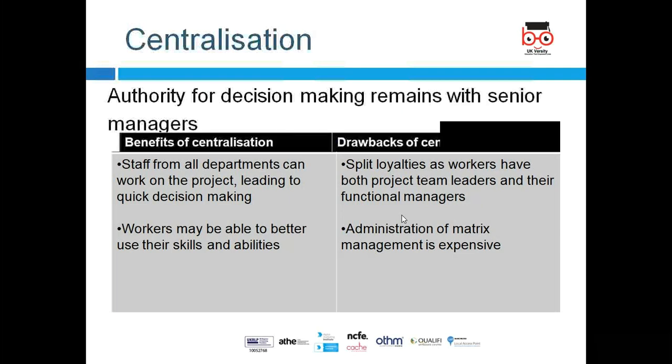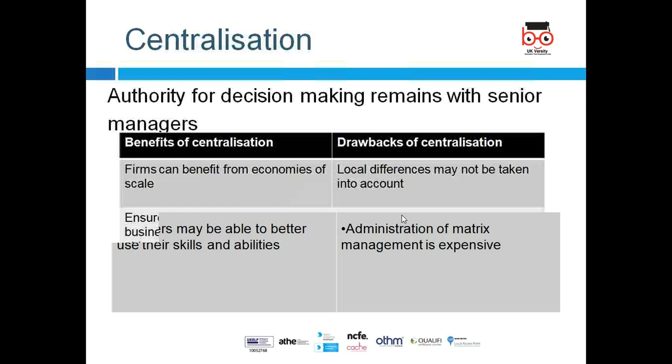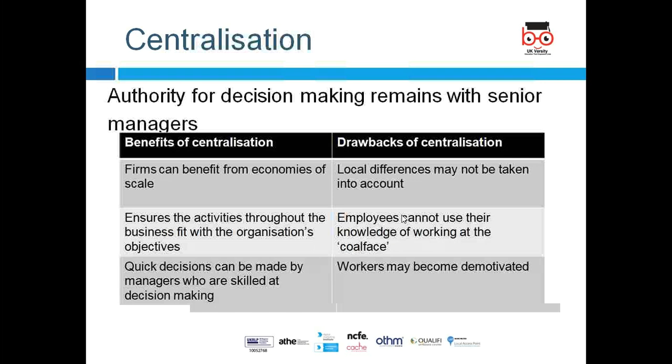It depends. Sometimes it's good cost-wise, but when we have many hotels in many countries, we can't say everything is centralized throughout the world and we sell the same product. Like McDonald's, it's not the same throughout the world: in some countries veggie burgers, in other countries different, different menus, different products.